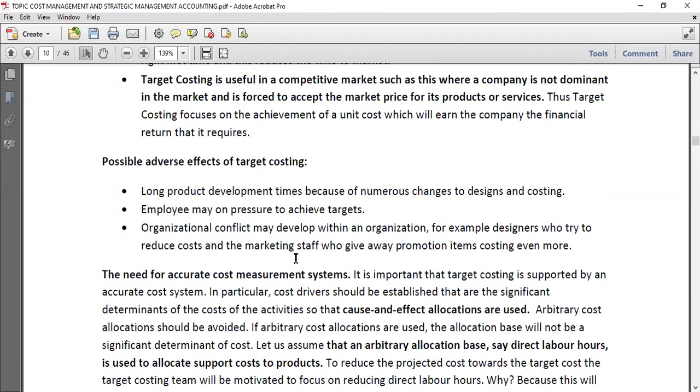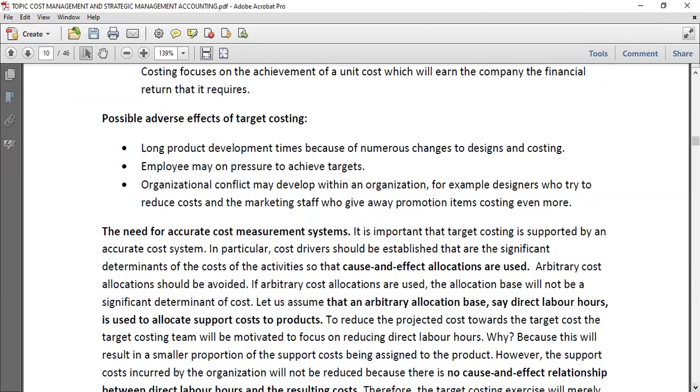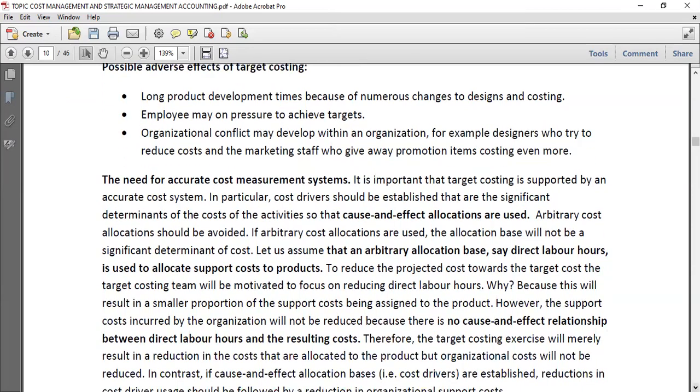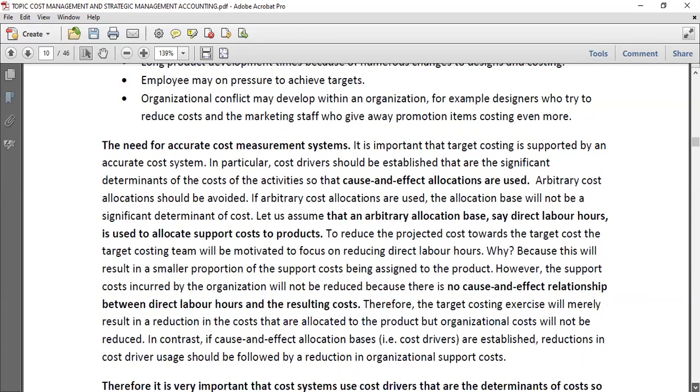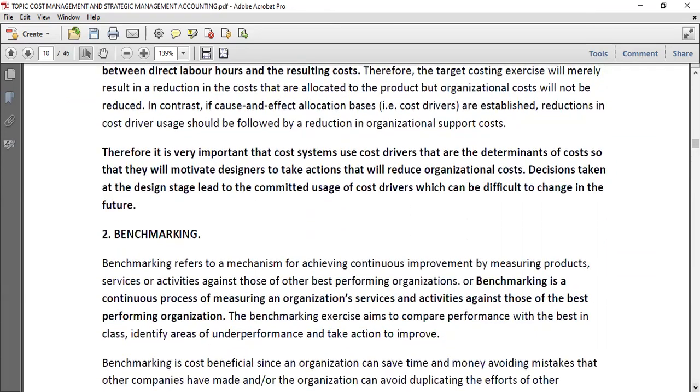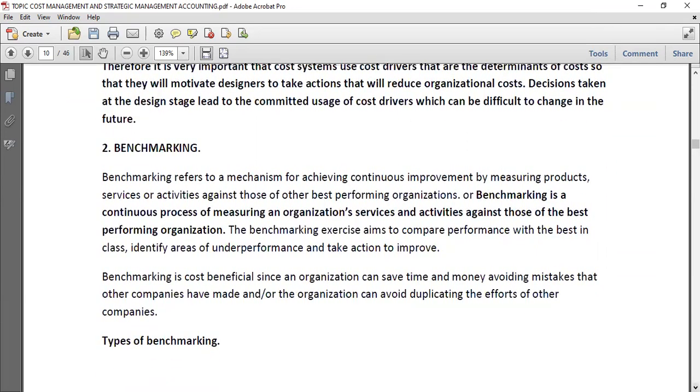Especially the margin target, or the target cost in its own right. And then also organizational conflicts. And this might happen especially at the time when you're designing the product, okay? So that is one of the other things that you may need to look at. So you can try to read more information to help you, okay?